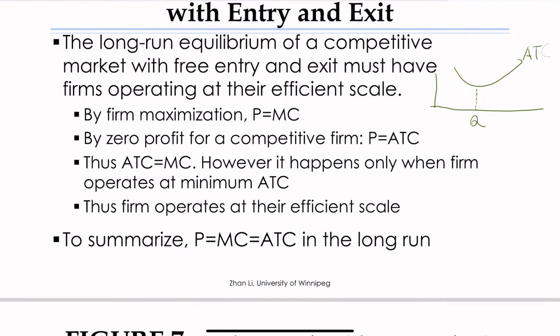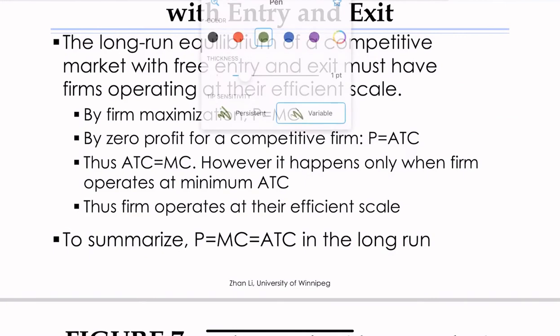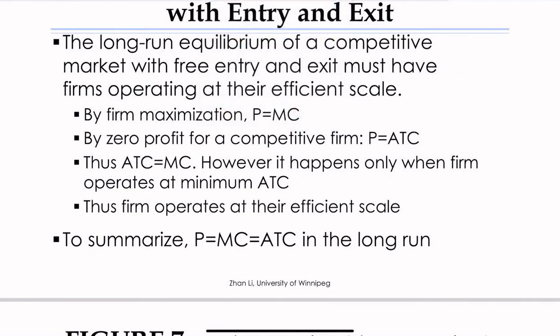So how do we get this result? Well, it's a combination of several results we have learned. We have learned profit maximization, right? If a firm is maximizing its profit, then price equals marginal cost. And we also learned that in the long run, competitive firms will earn 0 profit.